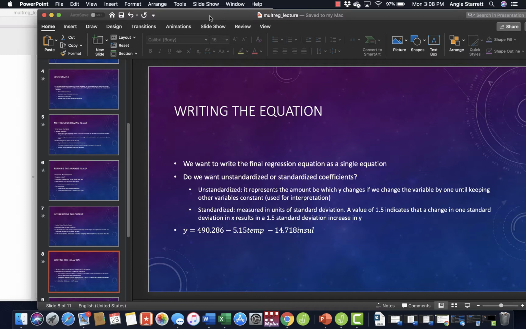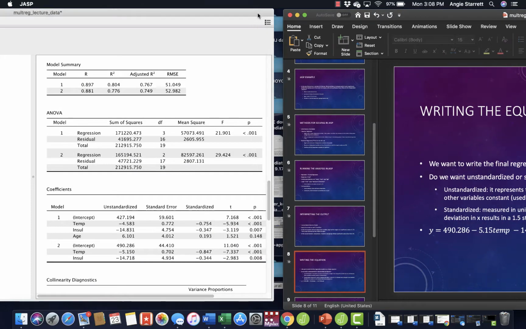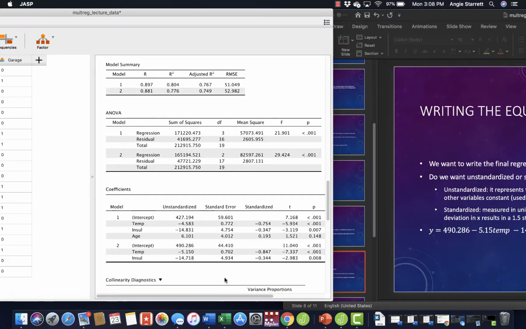Now, what's that used for? Sometimes we get more complicated regressions that become more difficult to interpret. So what we do is we look at the standardized, which tells us the larger the standardized value in absolute value, the more significant that particular variable is to the equation. In other words, notice here that temperature has a -5, insulation has a -14.